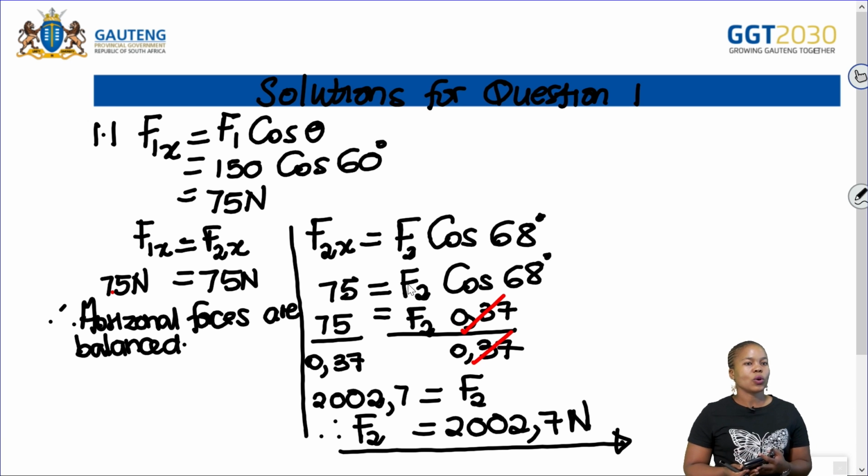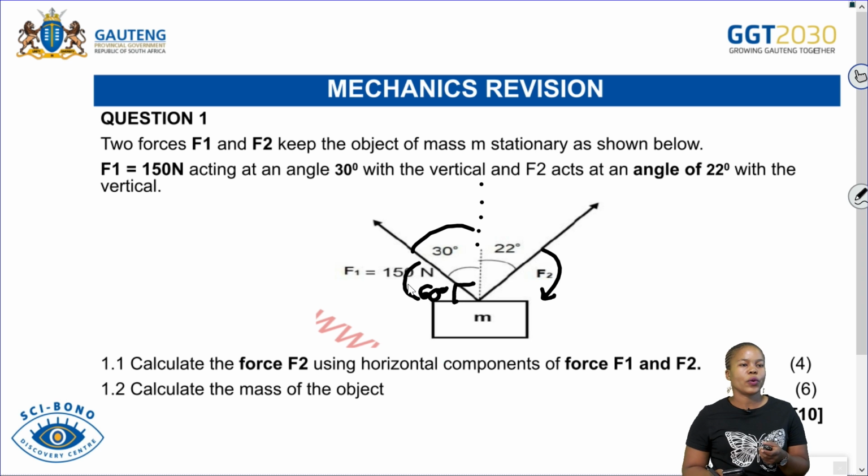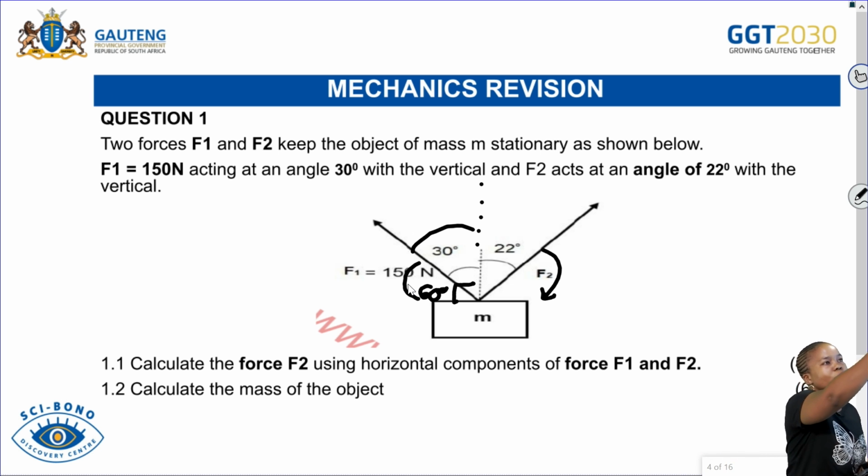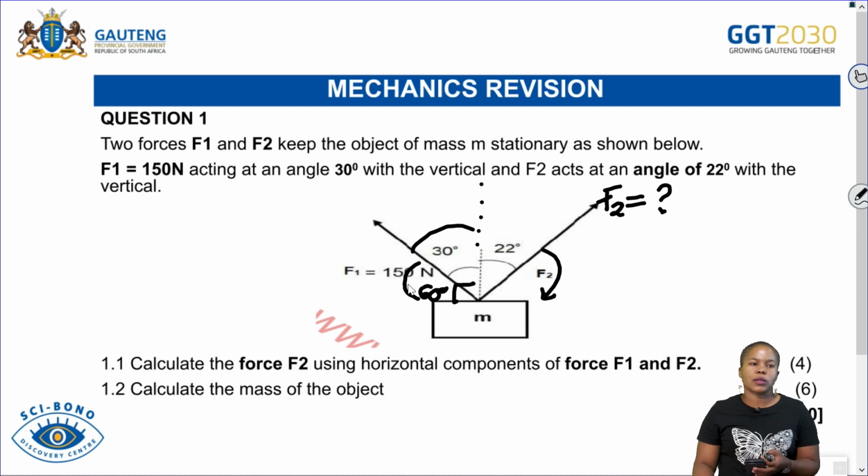So that's how we do 1.1, where we calculate the force F2 using the horizontal components of F1 as well as F2. What we've done is use the components so that we are able to find the main force of F2, because F2 on this side was not given. So that's how we do it.